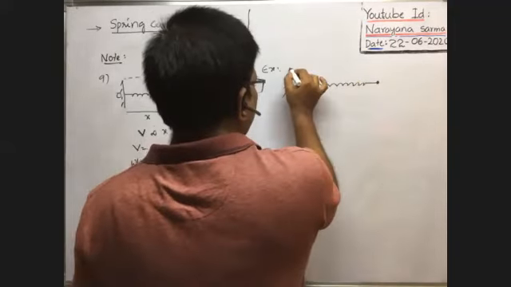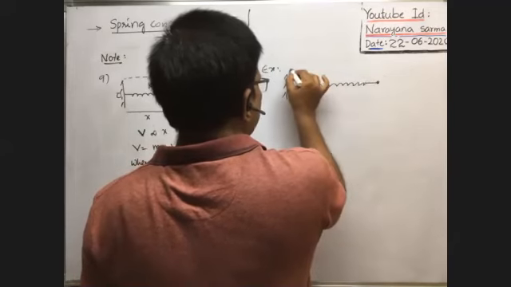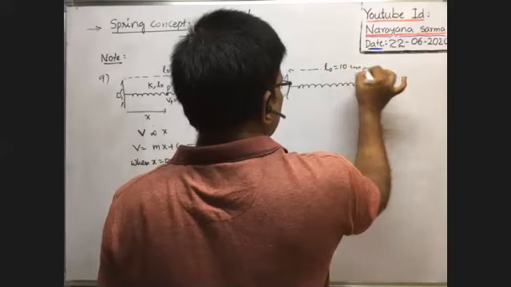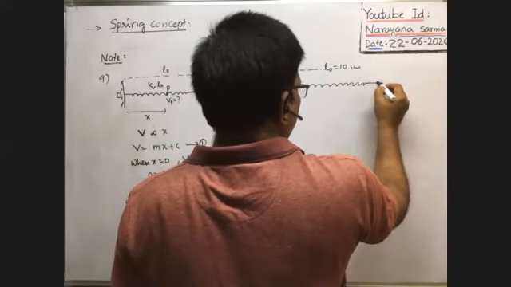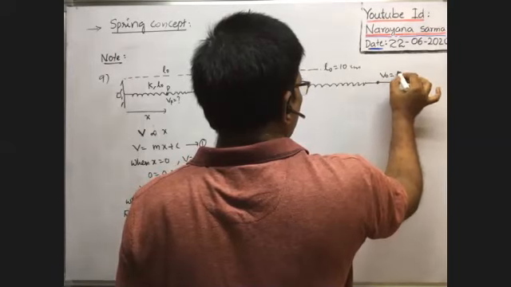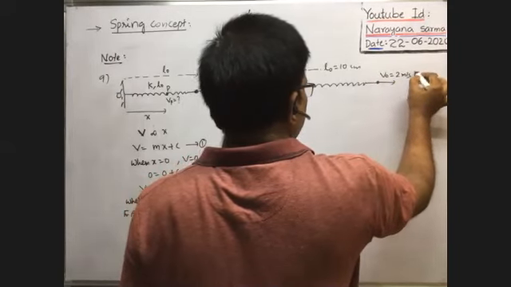This end of the spring is at a distance L naught is equal to 10 centimeter, and it is pulled with a velocity V naught is equal to 2 meter per second with constant speed.